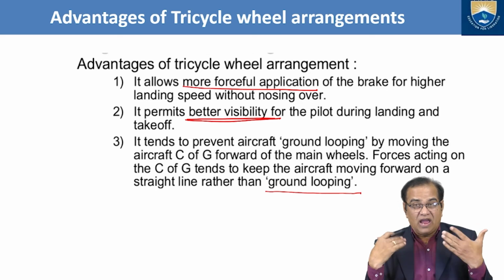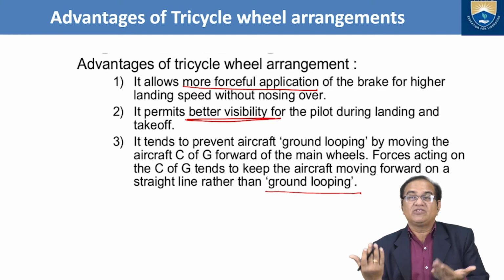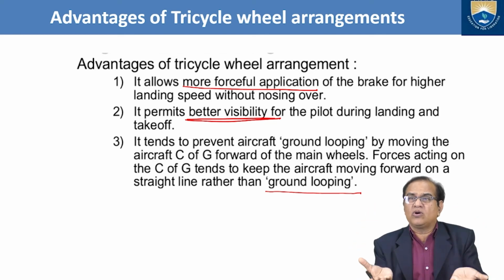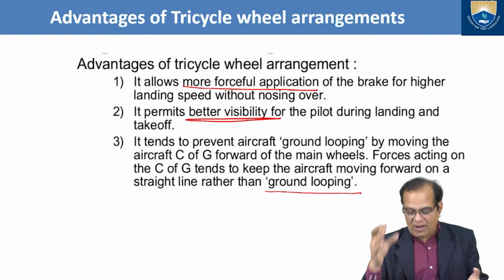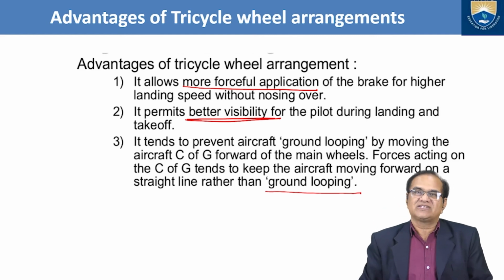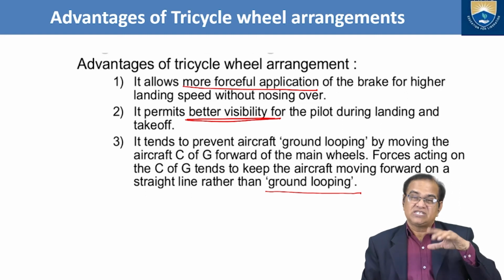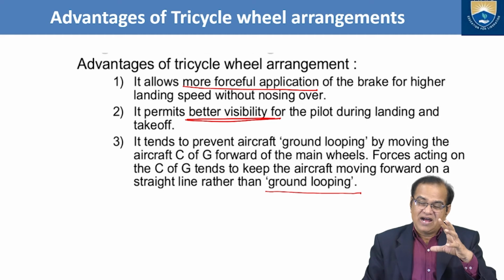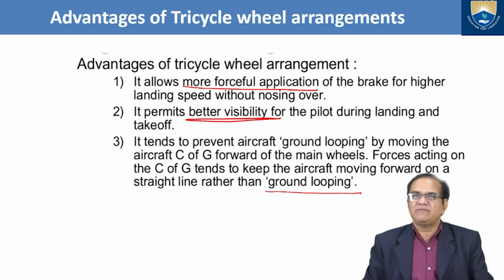But if you have the tail type, it will give the reverse action. It will try to ground loop. So that is the disadvantage of the tail type or conventional configuration. Those disadvantages are taken care of by the tricycle wheel arrangement.